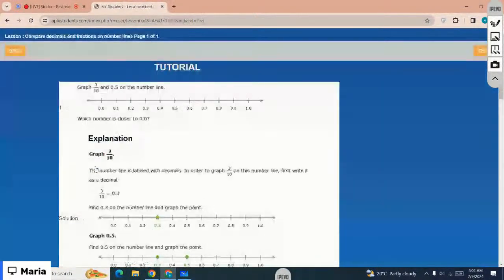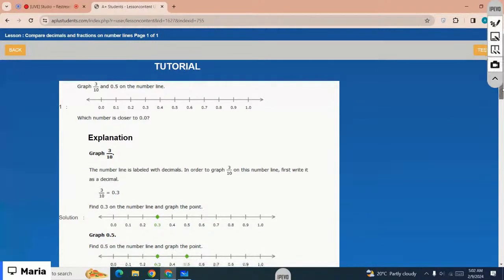You are given 3 over 10 and 0.5 to graph on the number line. So you have to graph 3 by 10 and 0.5 on the same number line. You can convert 3 by 10 to a decimal. When you convert 3 by 10 to decimal, that is 0.3.